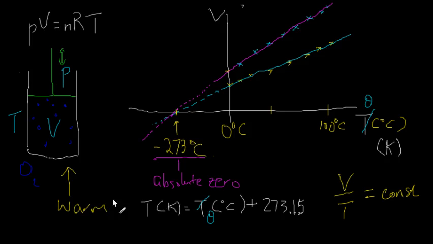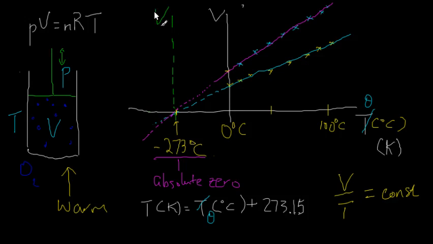I can imagine that instead of having the graph axes like this, with the zero of the graph here at 0 degrees Celsius, I can imagine having a new set of axes. Let me try and redraw this, where the vertical axis goes through absolute 0.